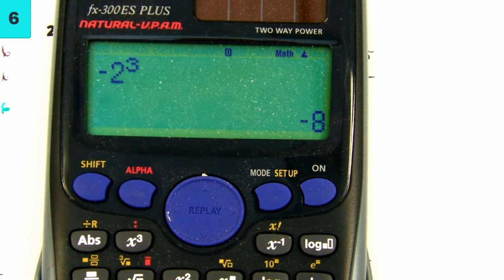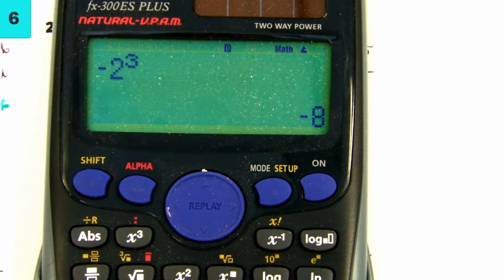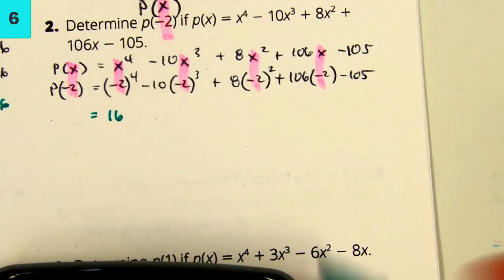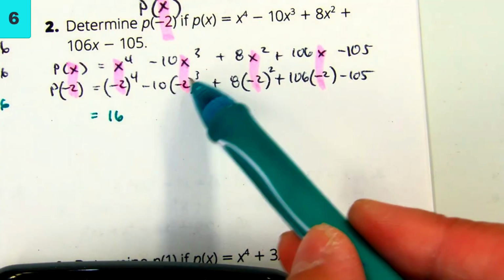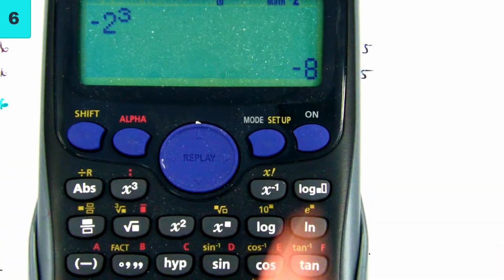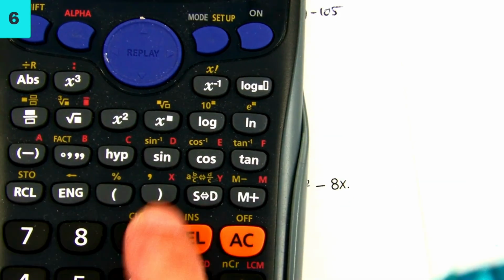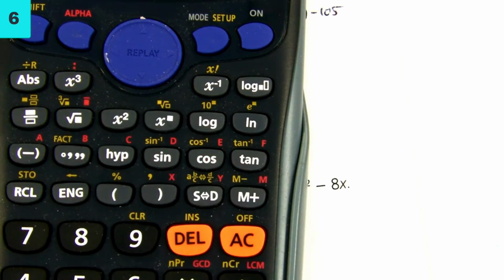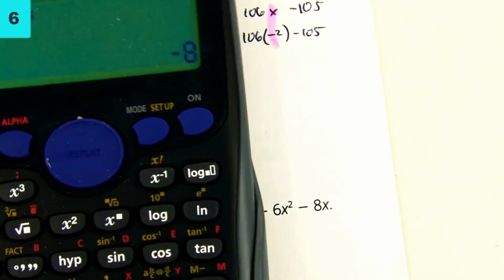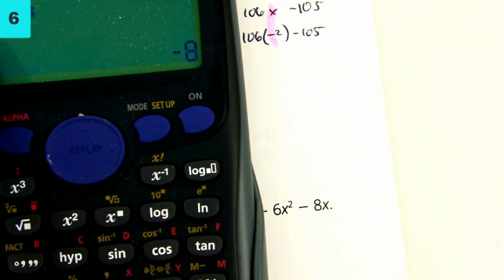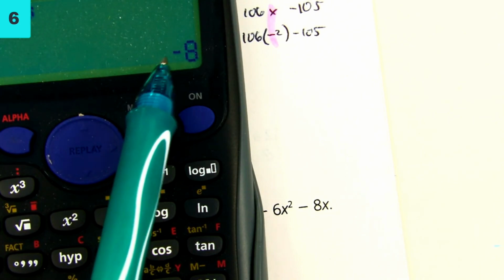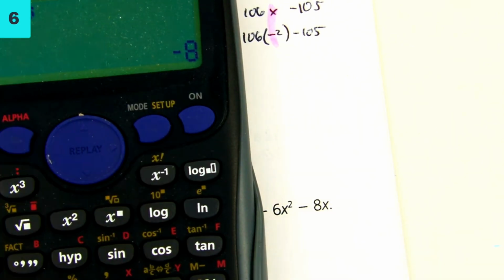The calculator is not wrong. The person inputting is incorrect. The -2 is inside parentheses. So you have to put yours inside parentheses. Now, because it's to the 3rd power, it'll still become negative. But do pay attention to the parentheses signs.